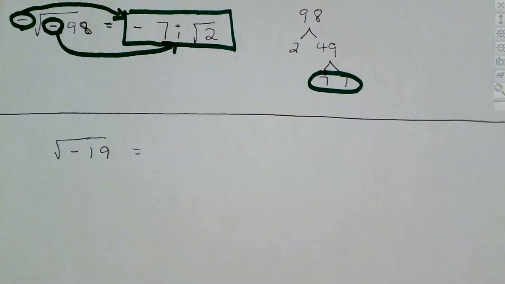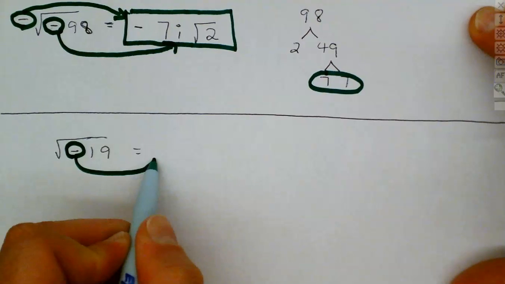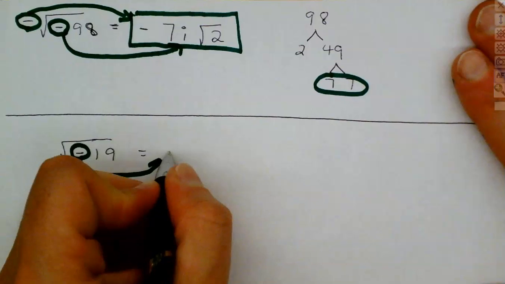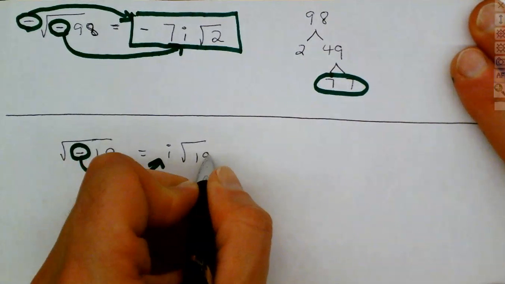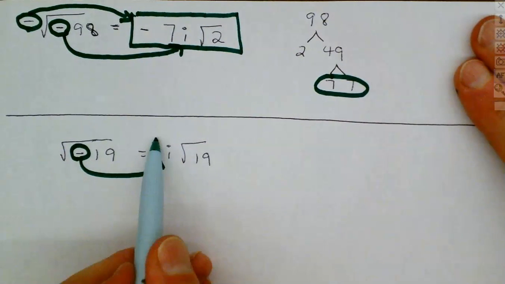The only factors of 19 are 19 and 1. That's it. So 19 won't break down at all. The only thing that we can do is we have a negative here, so the negative can come out as an i. So I could write this as i square root of 19. And that is all I can do with it. Okay, that's it.